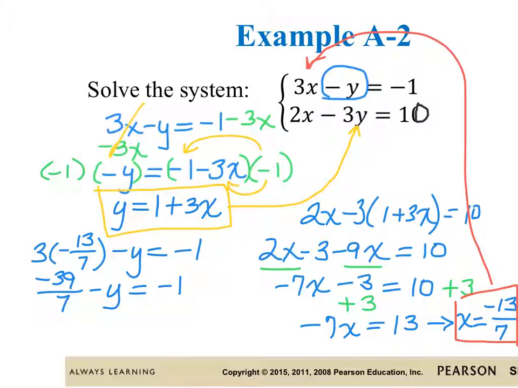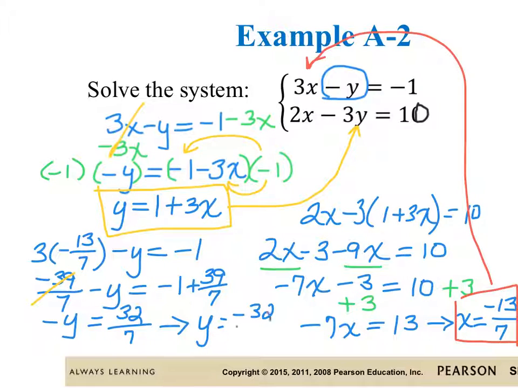We'll add 39 over 7 to both sides. And at this point, you can use your calculator, and you will have negative y equals negative 1 plus 39 over 7 turns out to be 32 over 7. So y will equal negative 32 over 7.